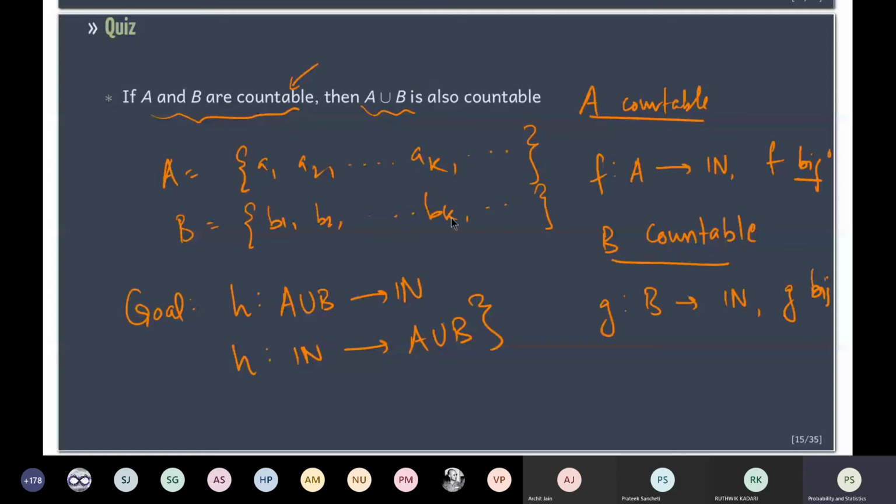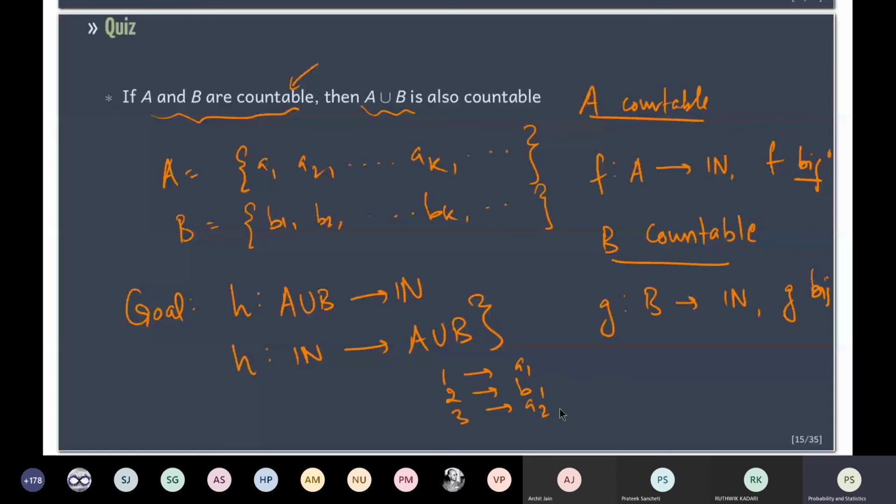So the way we can count is simple now. For 1, we can map to A1. 2, we can map to B1. 3, we go back to the A set, so A2. And 4, we can map to B2. So you see the sequence now.